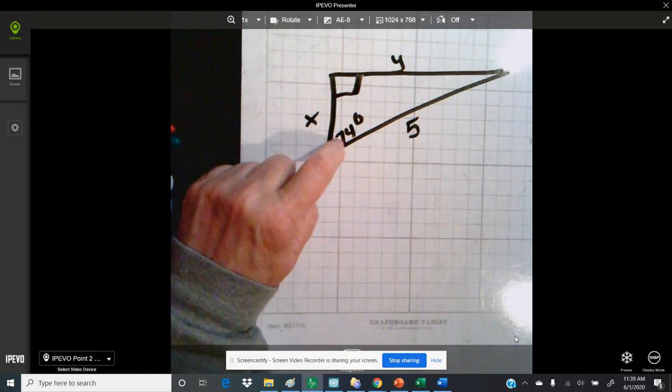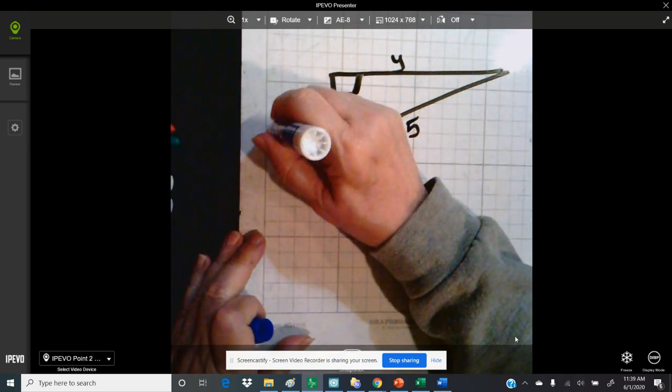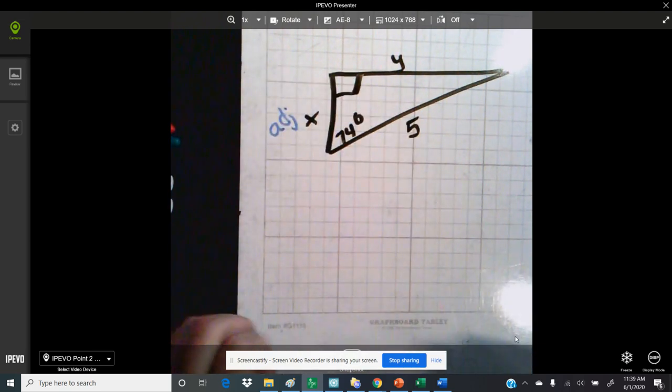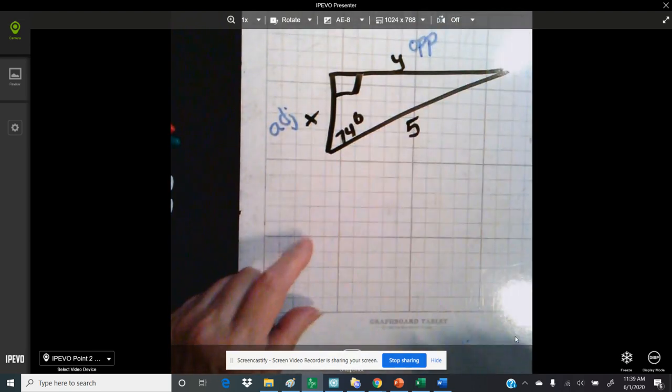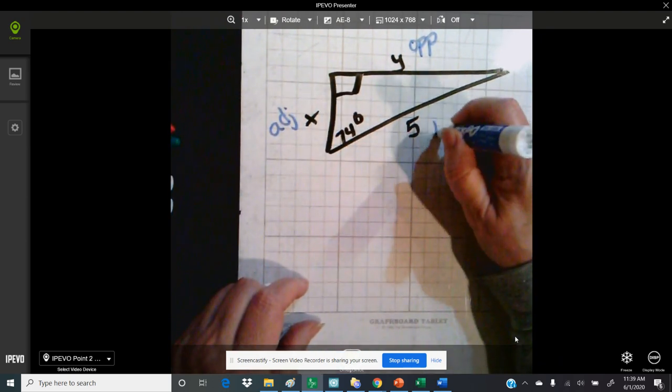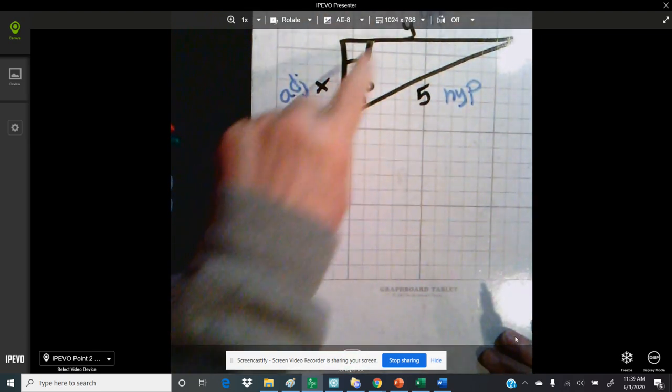So based on this angle, this side here is my adjacent side because it's right next to the angle. This side here is my opposite side because it's furthest away from the angle. And remember, across from the 90 is always going to be my hypotenuse. All right. So now I need to solve for both x and y.